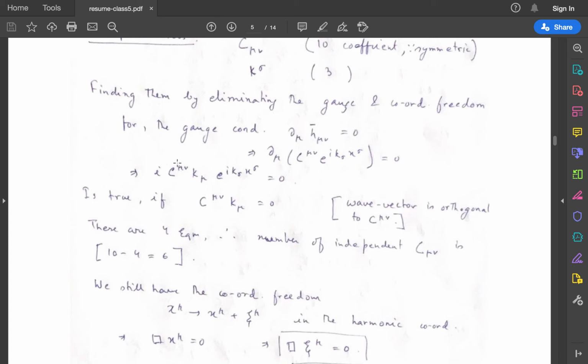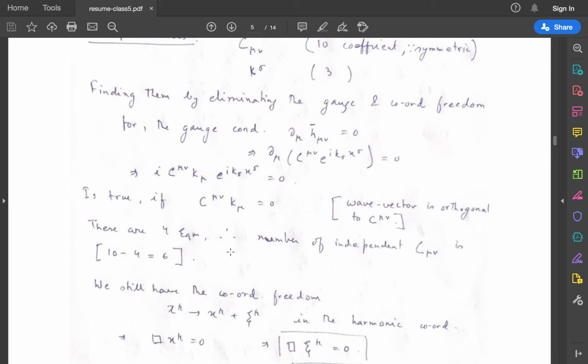This can be 0 only if C^μν k_μ equals 0, so it can be fulfilled. But this is a condition: this is a wave vector, and this is the constant coefficient. So the wave vector is orthogonal to C_μν. Okay, so this is not one equation. Remember, there is ν here, so ν runs over 0, 1 to 3.